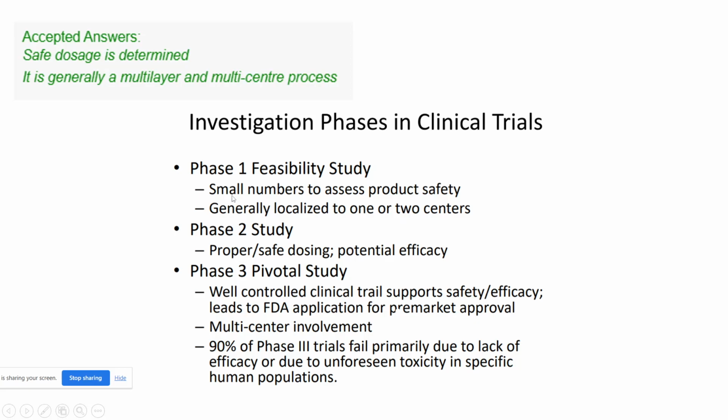Phase 2 again tests for the proper safe dosing and potential efficacy, and phase 3, that is the pivotal study, is a well controlled clinical trial that supports safety and efficacy, leads to the FDA application for pre-market approval, and is a multi-center involvement.